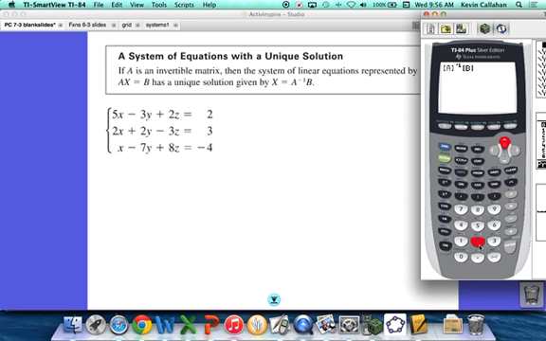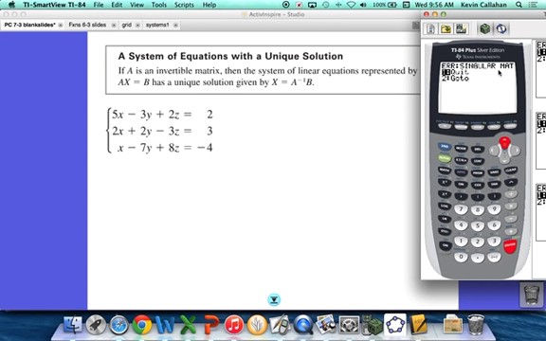Did you get something? So you should be getting an error message, right? Singular matrix, which means this matrix over here does not have an inverse.